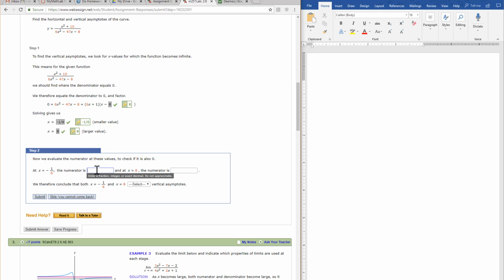So that's 36 over 36, that's 37 over 36. And when we put 8 in, we're going to get 8 squared, which is 64, plus 10. That's going to be 74. And the whole point is that it's not equal to 0. We conclude that these things are, in fact, vertical asymptotes.